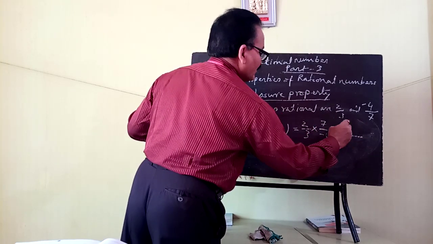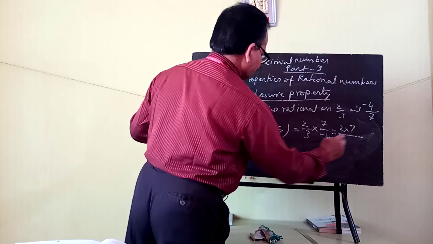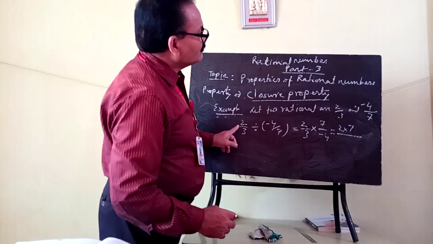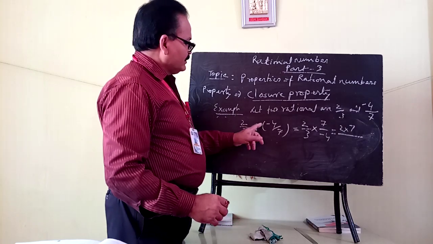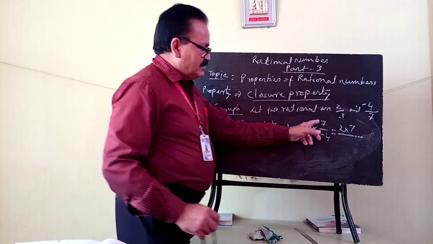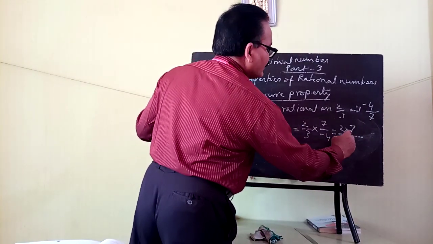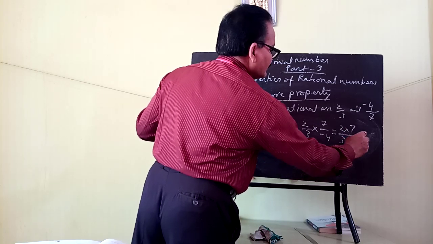You write the product 2 into 7, and 3 into minus 4.